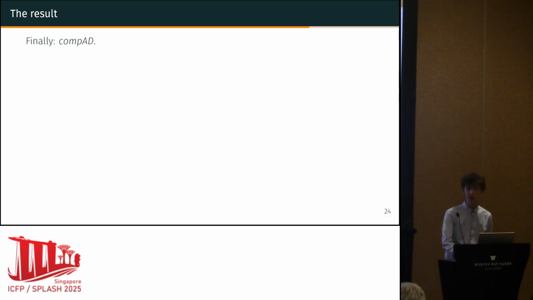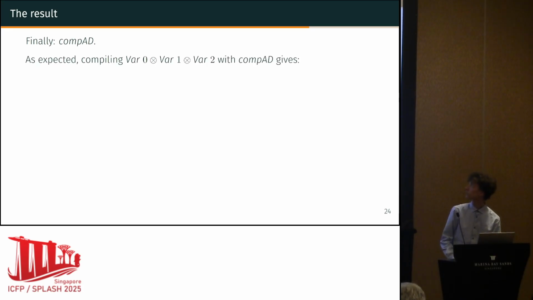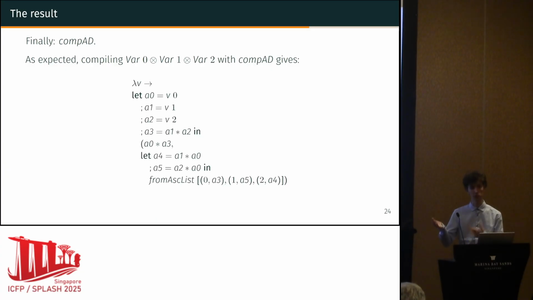So, in the end, this finally gives me the promised compiler, and I'll very creatively name it comp.ad. And as you might have expected, applying it to the expression xyz gives us this code.